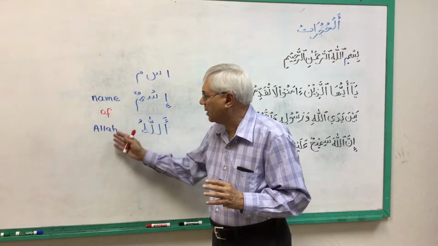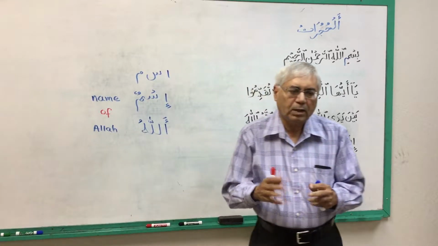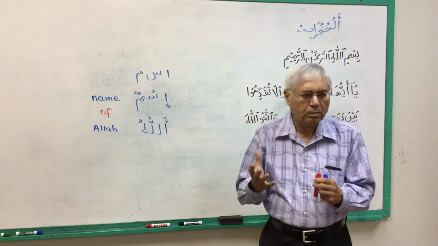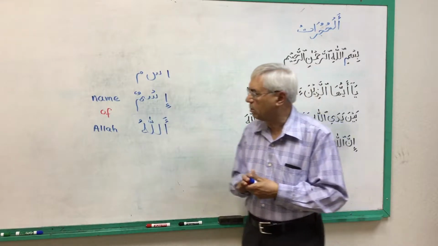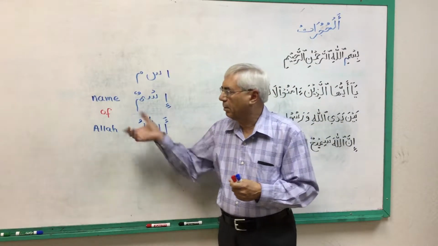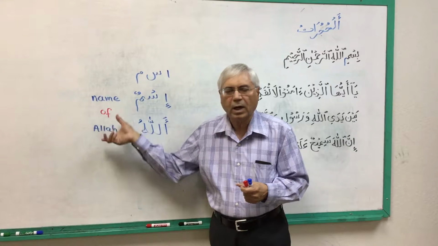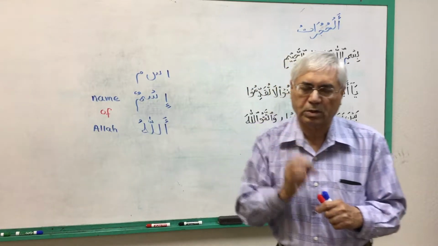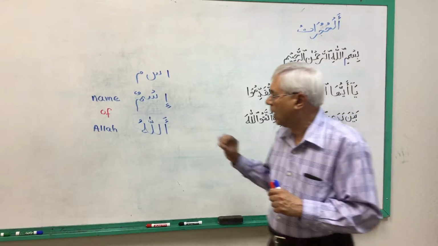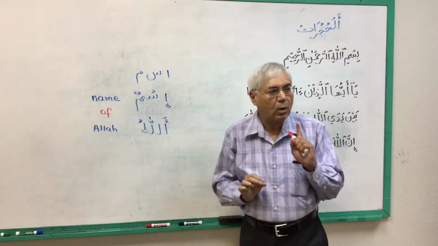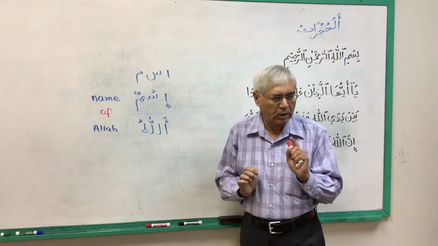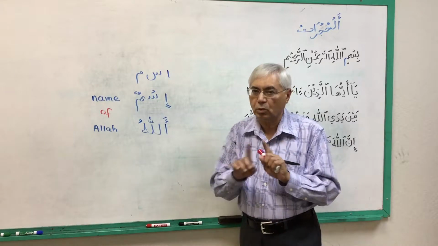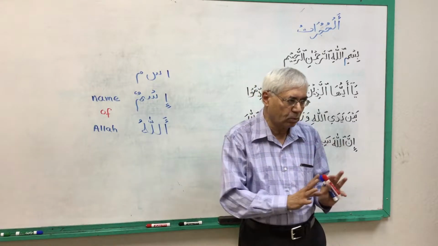One word is connected to another word. There is an Arabic terminology for this kind of process, which we'll learn later on. But the simplest thing is how to make a connection between the two words. And notice that both of these words are nouns. There is no grammar verb in these words.